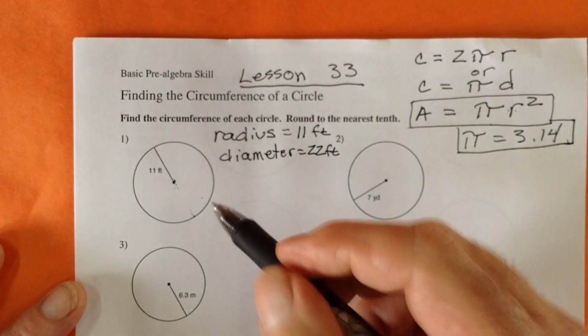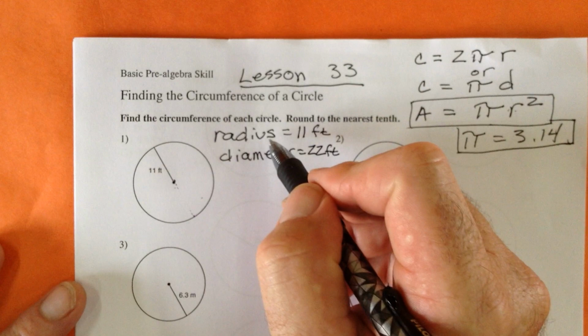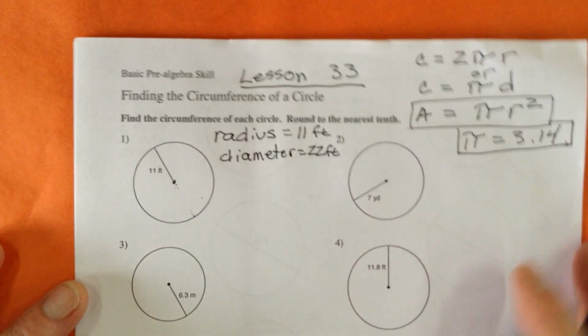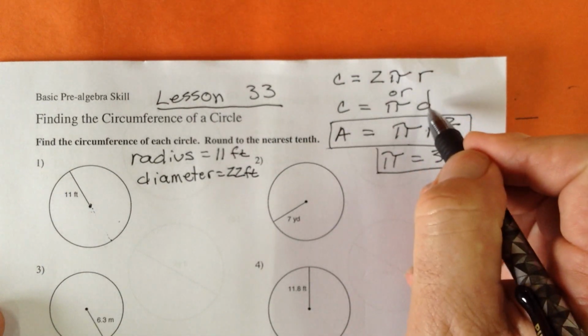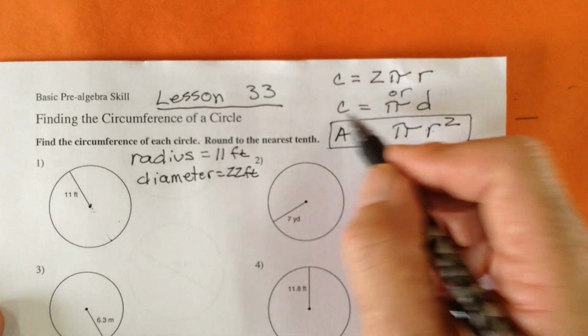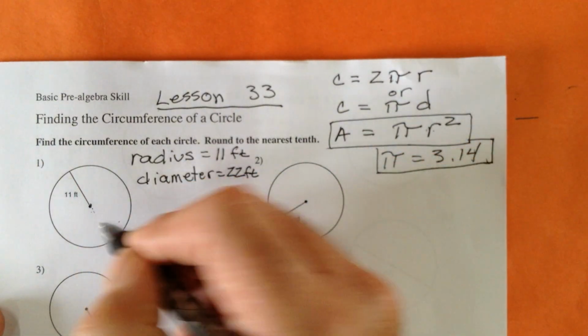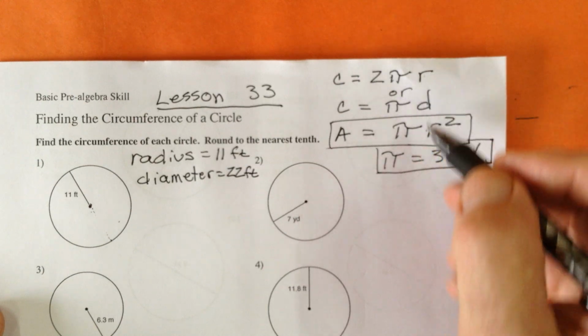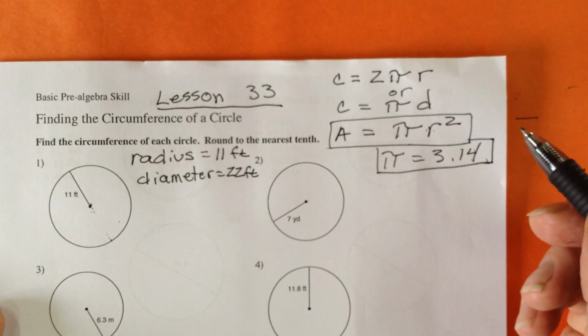With circles, the radius is used the most. There's only one formula that uses diameter, but even that one, there's another form for finding the circumference. You can use the diameter or the radius. That's what the R stands for, radius, and D stands for diameter.